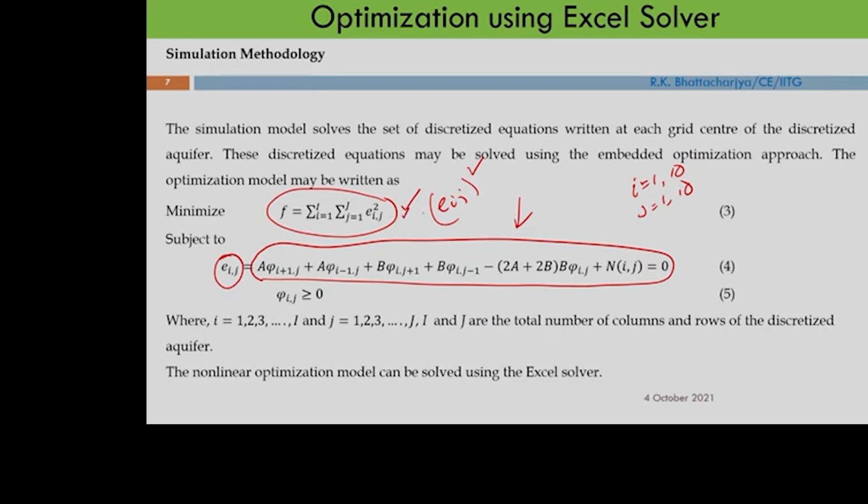So I am squaring it, or you can also use the absolute value. Either I can write Eij square or the absolute value of Eij, both are okay. I will use this one here, and this should be equal to 0, but I will make Eij less than or equal to some small value, maybe 0.001 or 0.0001, something like that.